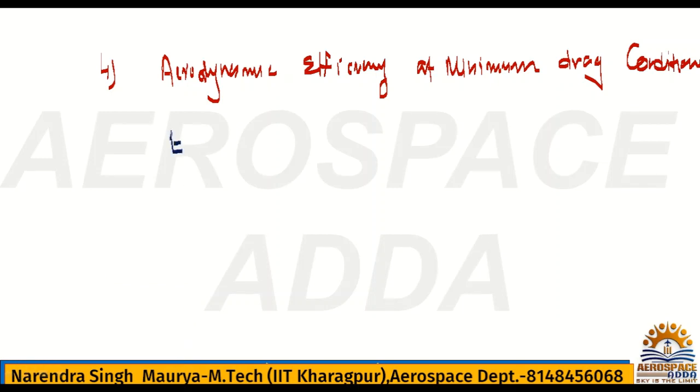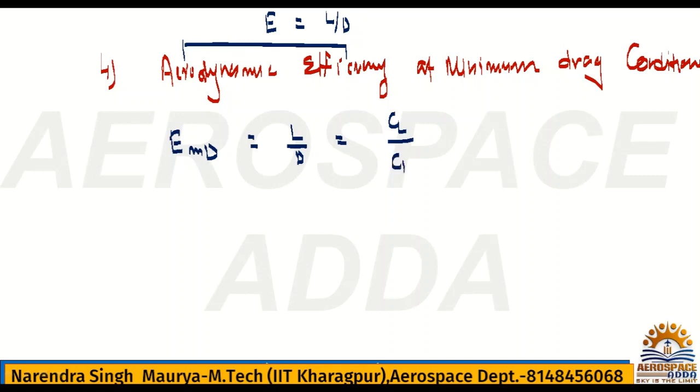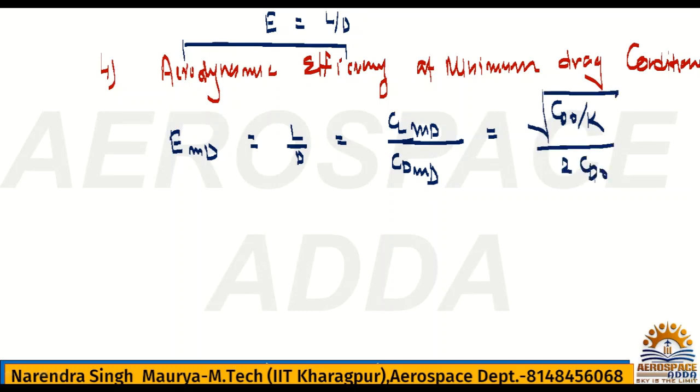It is EMD. Aerodynamic efficiency is denoted by E. What is the formula? L by D. So you can write CL by CD, but it is not the normal CL, it is CLMD by CDMD. What is CLMD? It is CD naught by K. What is CDMD? 2 times CD naught.